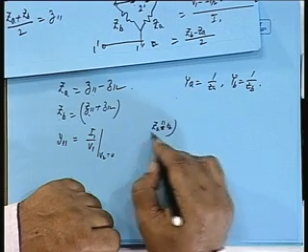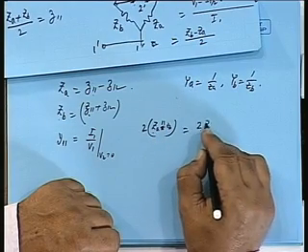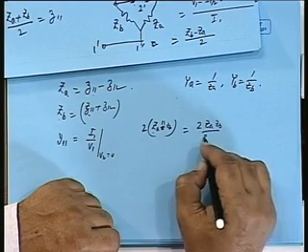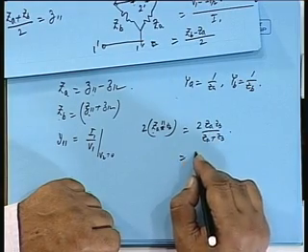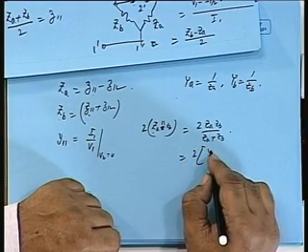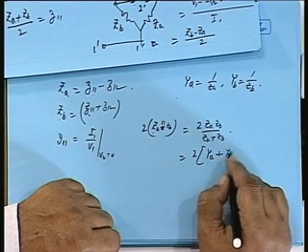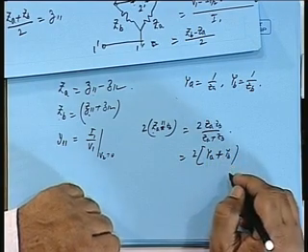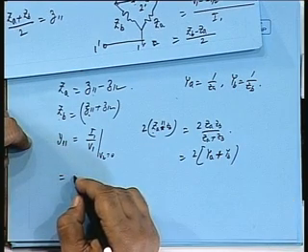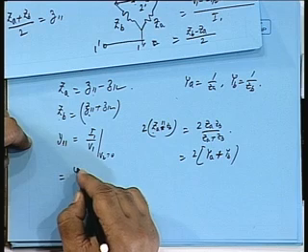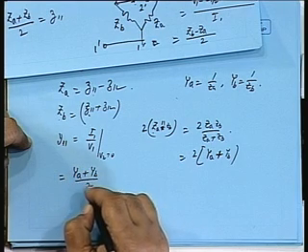So, twice ZA ZB by ZA plus ZB. If I divide it, 2 into 1 by ZA plus 1 by ZB, so YA plus YB.